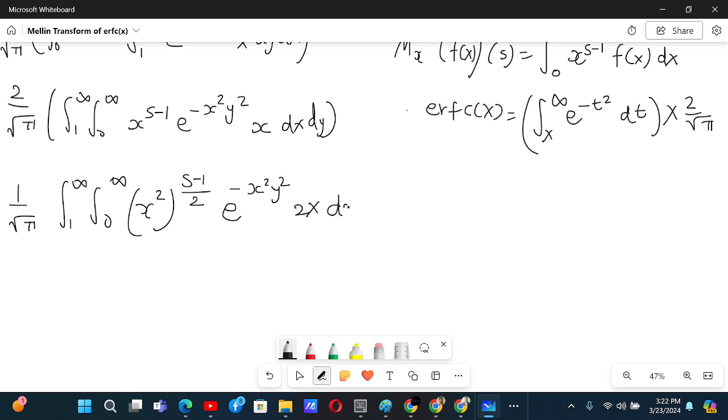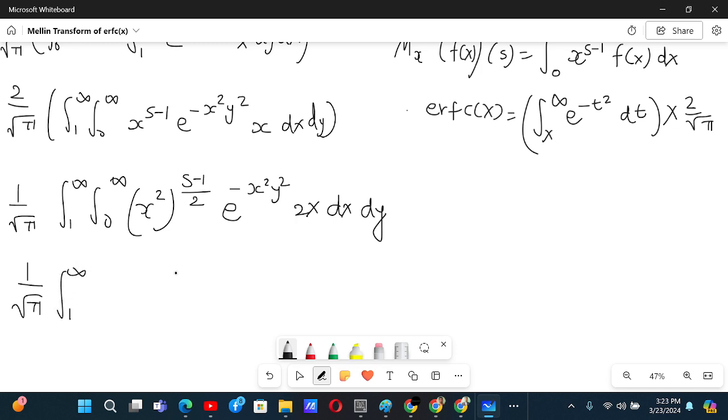I guess you have probably guessed the reason for doing that, because now if I let x square be g, 2x dx will just be dg, and so this is e to the power minus s g. Yeah, this is some s and this is some g, and then g to the power some value. So this is just the formula of the Laplace transform now, and that makes the thing simpler.